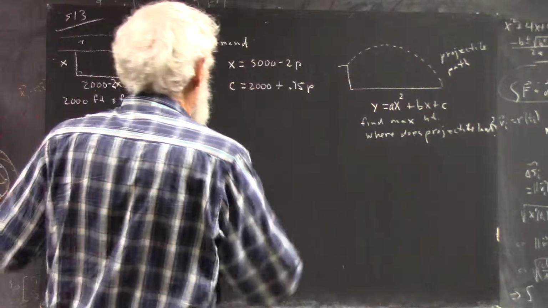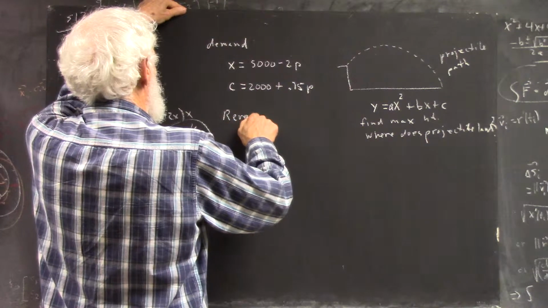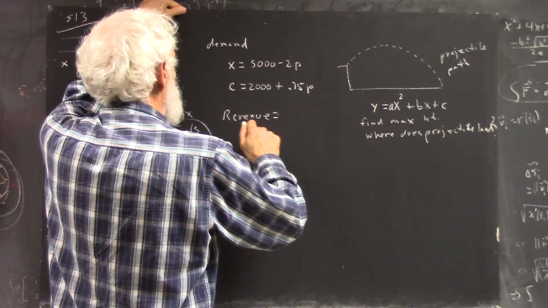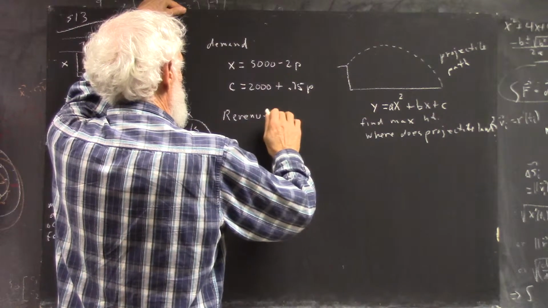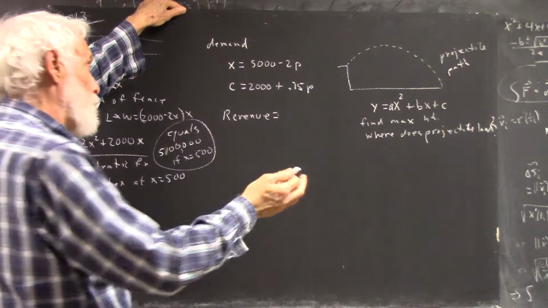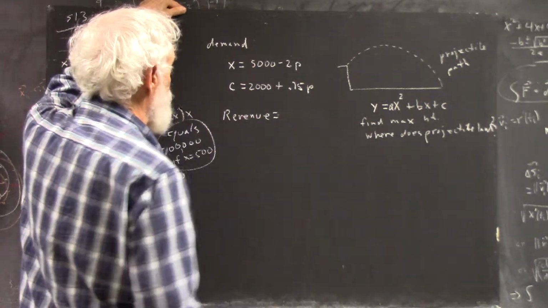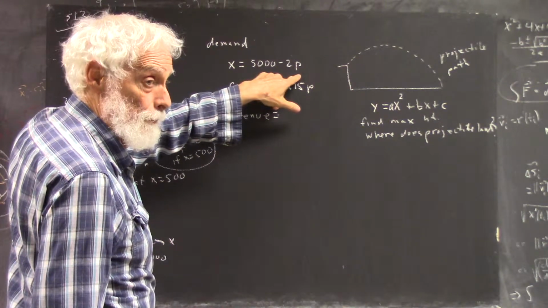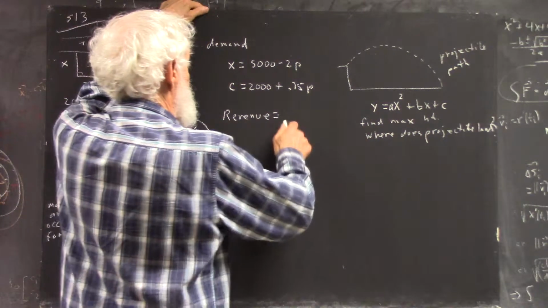Now, if you've got this, then your revenue equals how much you get for every one, which is p, multiplied by how many you sell, which is x.